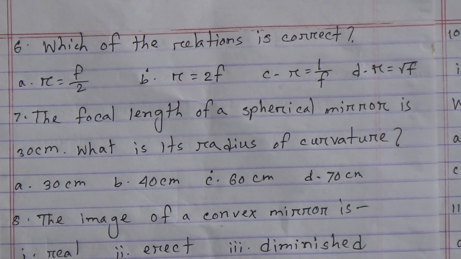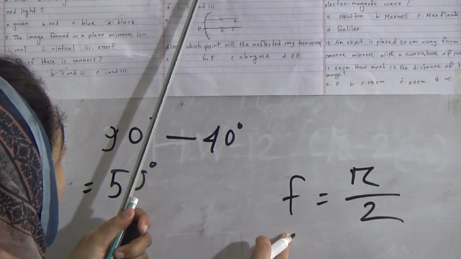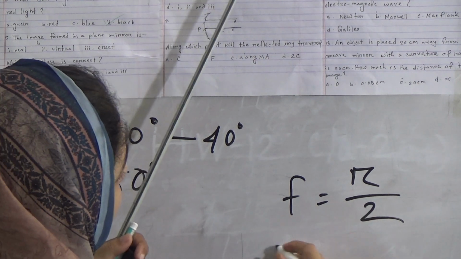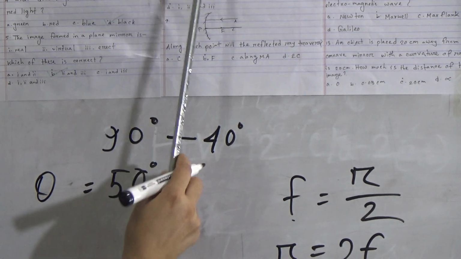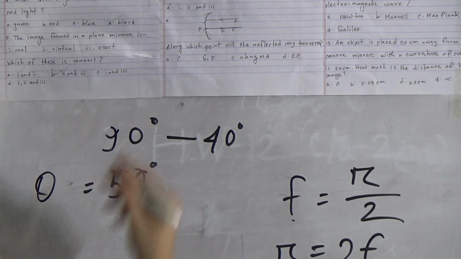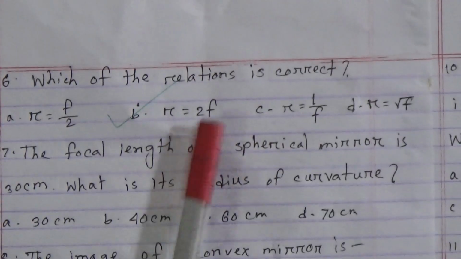We know the correct relation is f equals r divided by 2. That means we have to find r equals 2f. So here option B is correct. So we have to write this one. So r equals 2f is the correct relation.